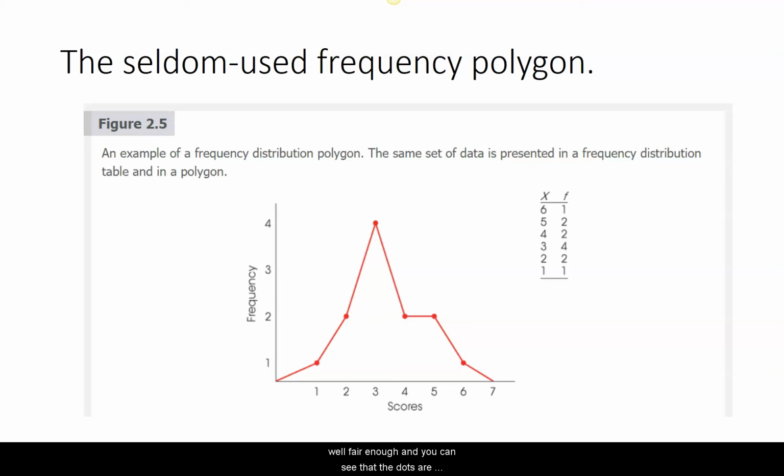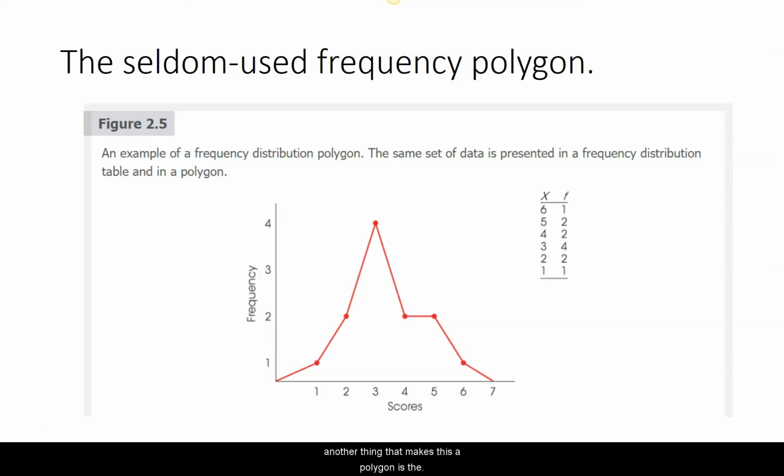Okay, well, fair enough. And you can see that the dots are connected by straight lines, which tells a story here. And the story here is that, my gosh, more people answered 3 or got 3 correct on this quiz or test than any other number, followed by scores of 2, 4, and 5. Only one person answered 1 and one person answered 6.